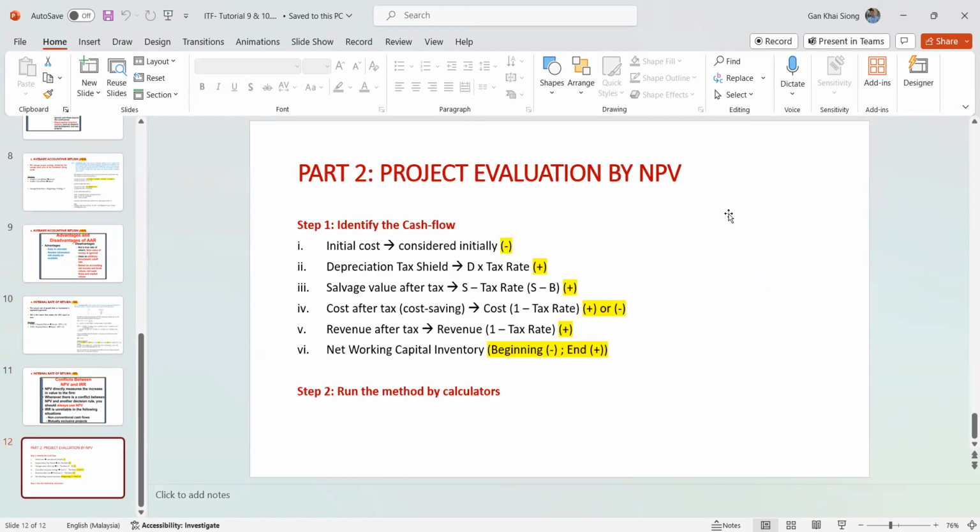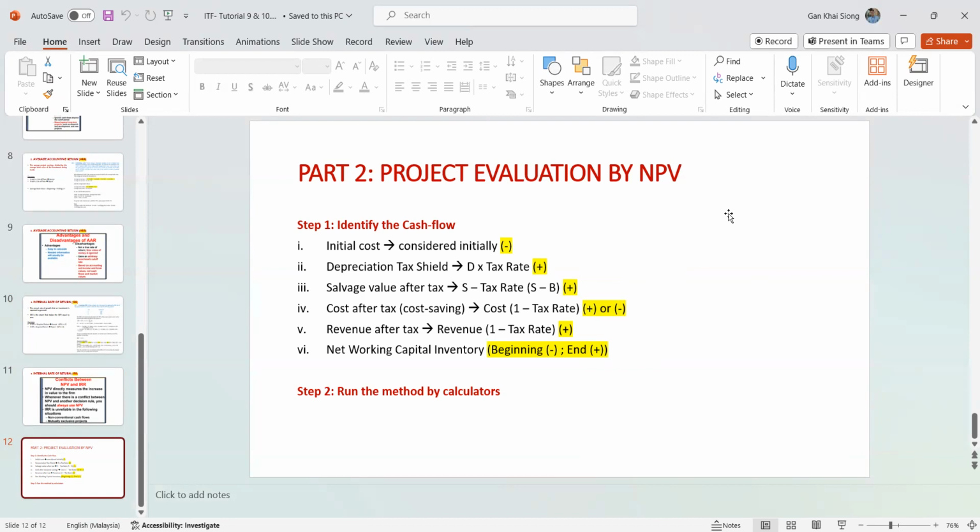Now let's come to part 2. Part 2 is basically going a bit deeper by evaluating a project given a scenario in order for you to compute NPV. So when you are given a scenario, you first calculate the cash flow for each year, and then put all this cash flow into the calculator to compute your NPV.